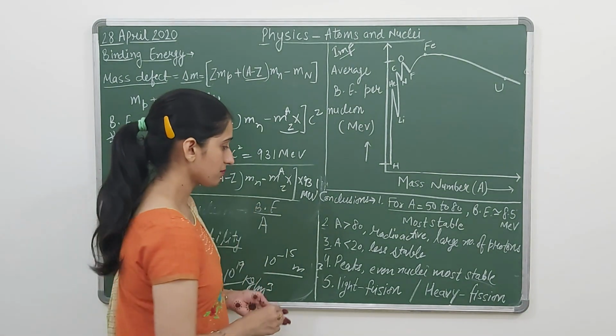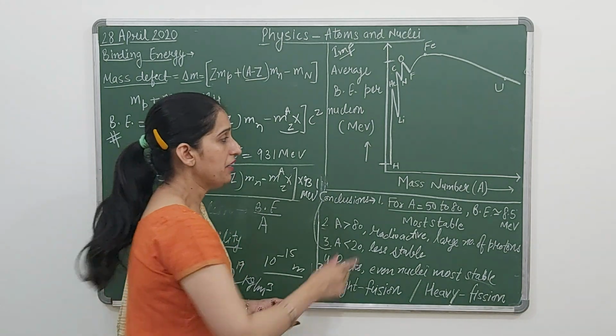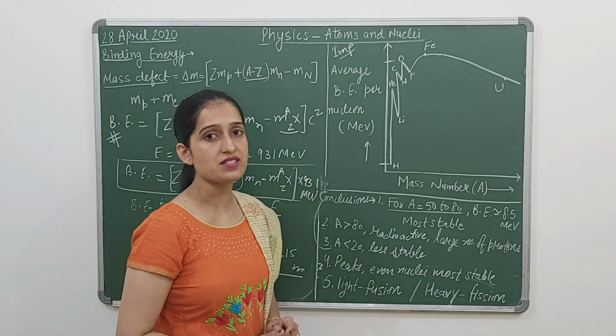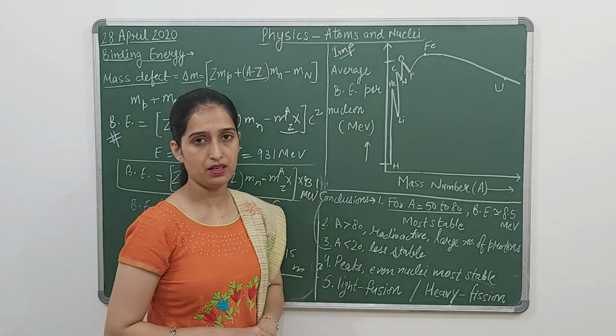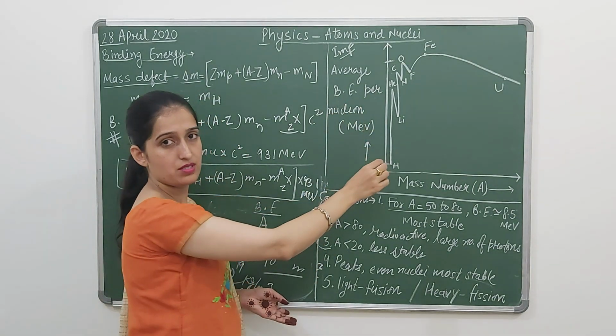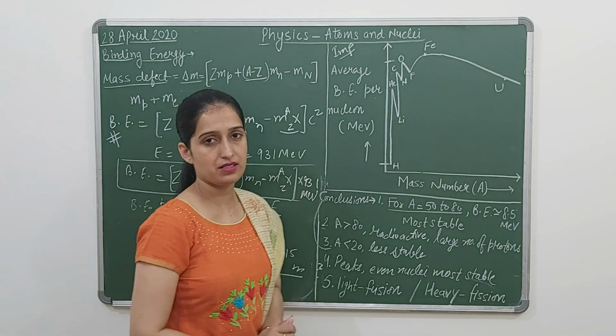That means by reading these three conclusions, we come to know that very light elements and very heavy elements are not stable. Intermediate elements are most stable, and the reason is binding energy per nucleon. This is maximum for this range of elements.